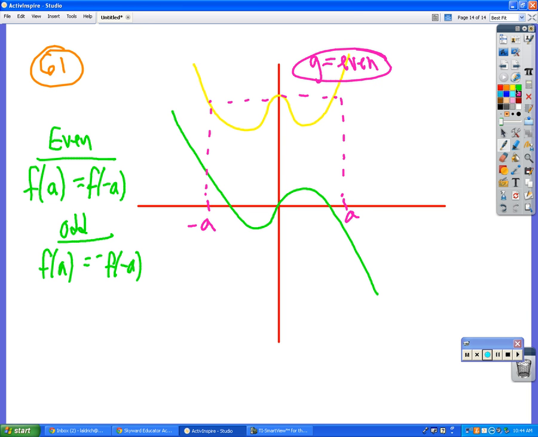All right, now if I plug f of a into the green graph, I get this answer. And if I plug negative a into that, I get this answer. So this is the same as that, but one is positive and one is negative. And so that means that this function right here is odd, okay? And what is this symmetry here?